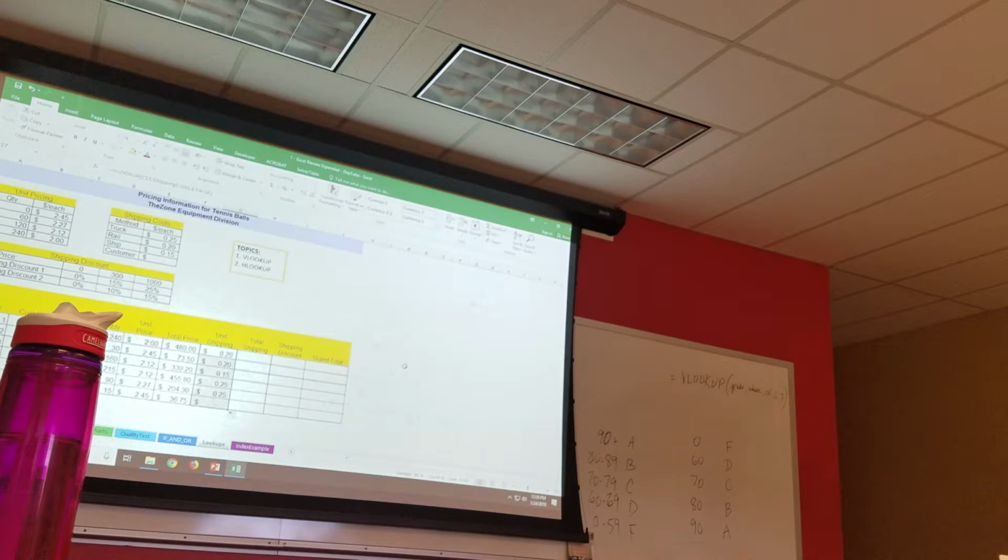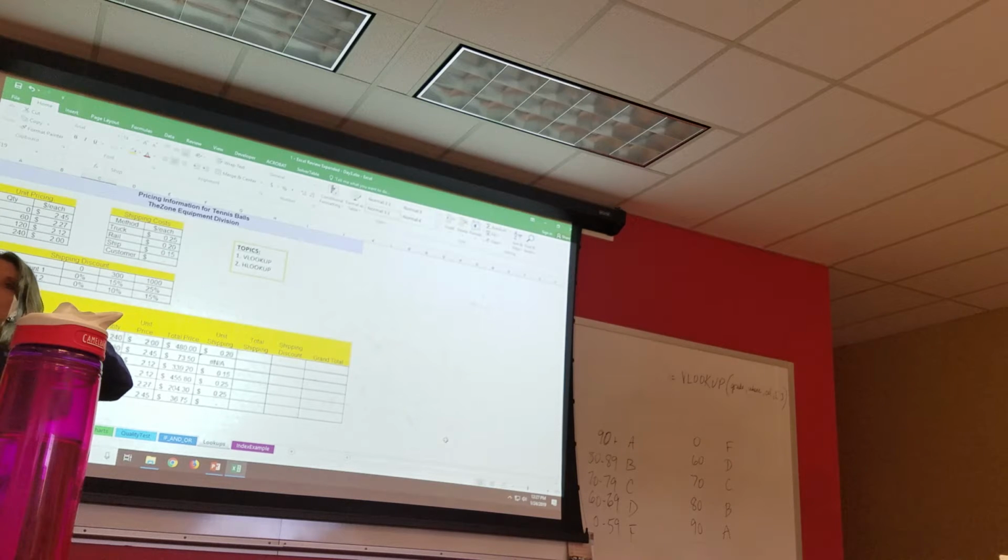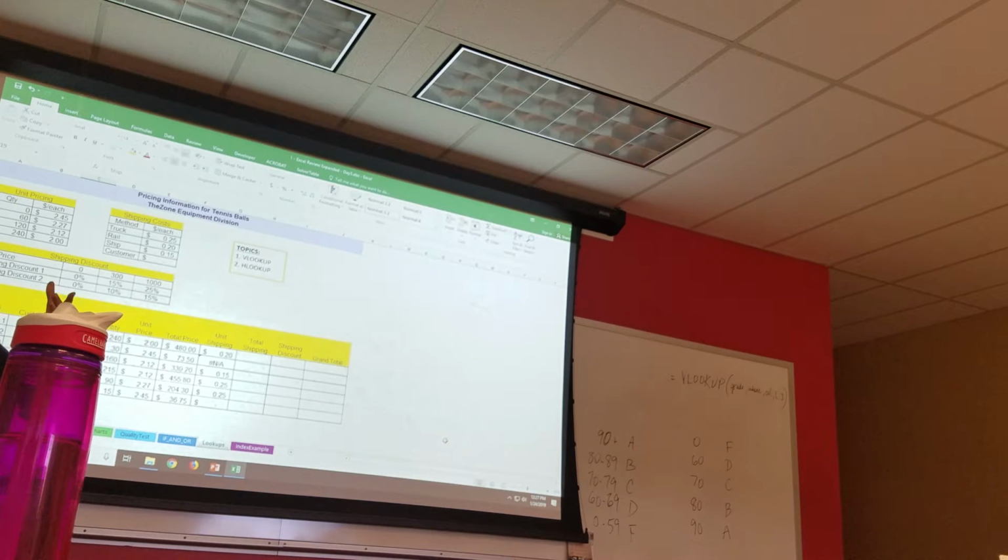so, okay. But let me show you something real quick. What if by accident, your data entry person, instead of saying rail, they said train? You don't have that, okay? On an exact match VLOOKUP, there has to be a match for you to get an answer.